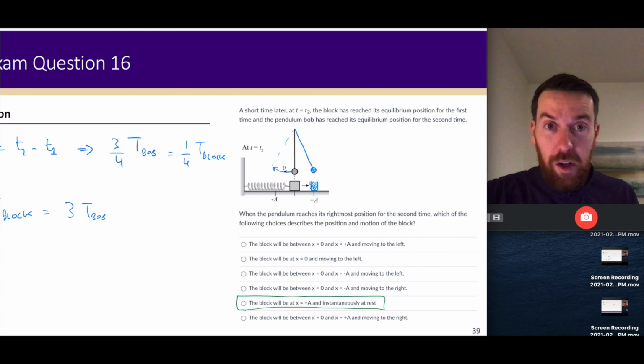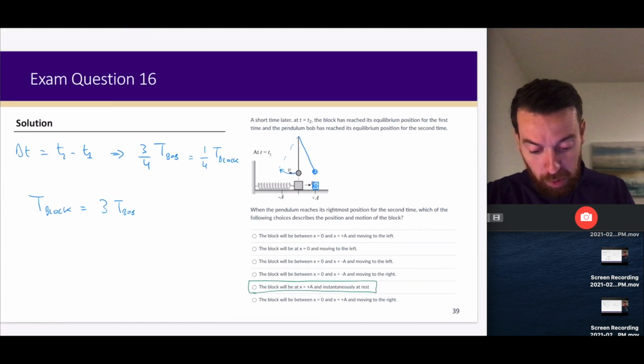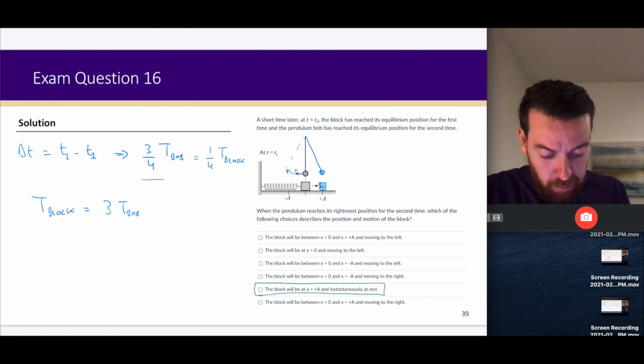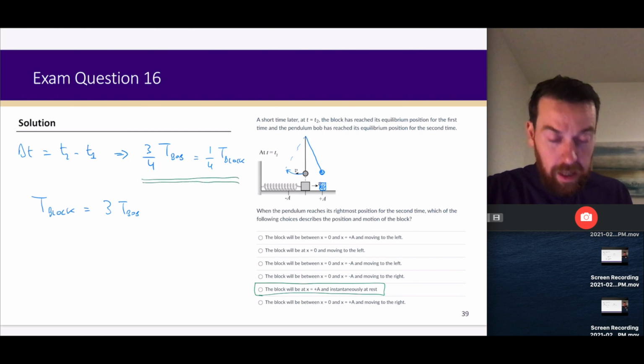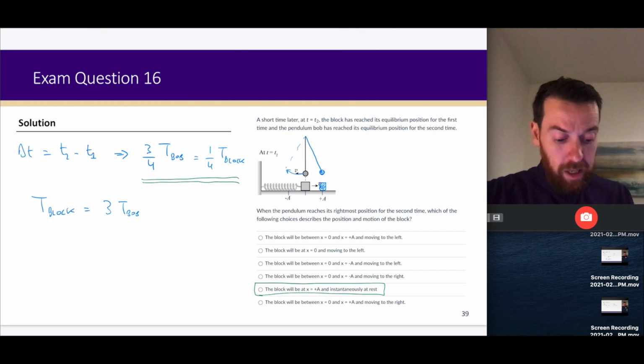Okay, that was a lot to go through, so I'll try to do a quick summary. The key piece is recognizing that from the first information at T2, the pendulum bob has completed 3/4 of its period, and the block has only completed 1/4.